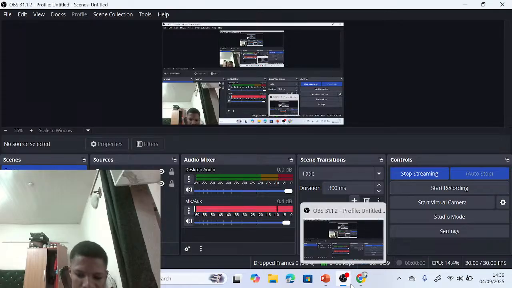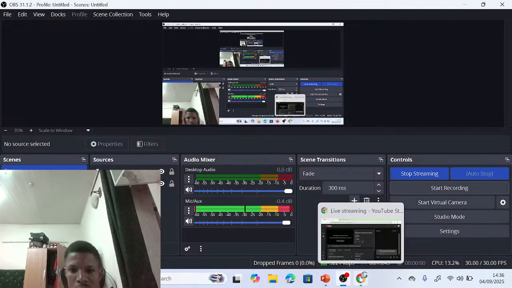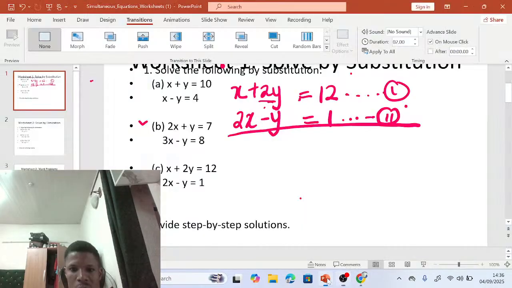Okay, so we are learning how to solve simultaneous equation by substitution method. So it's very, very easy to understand.